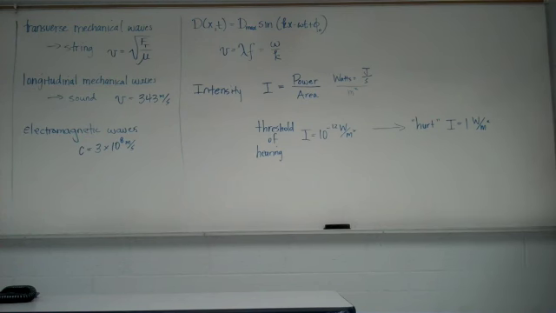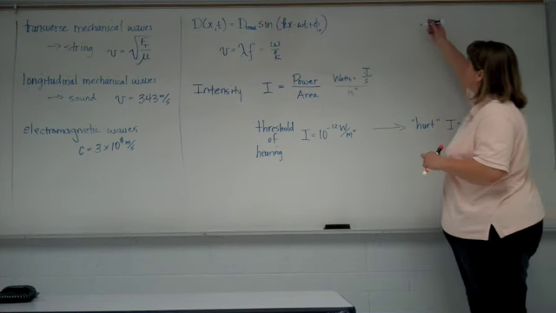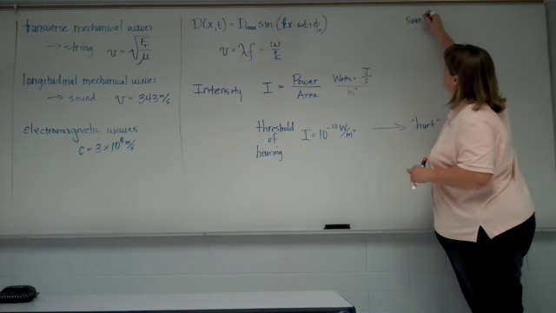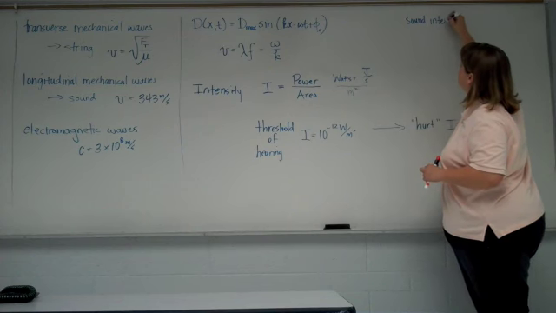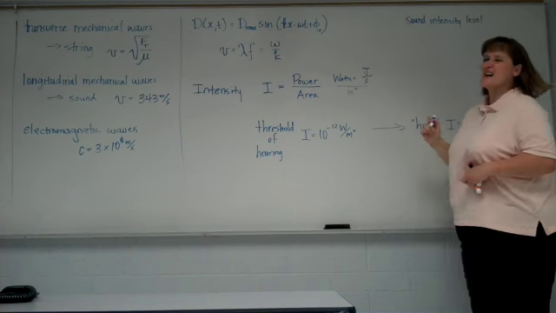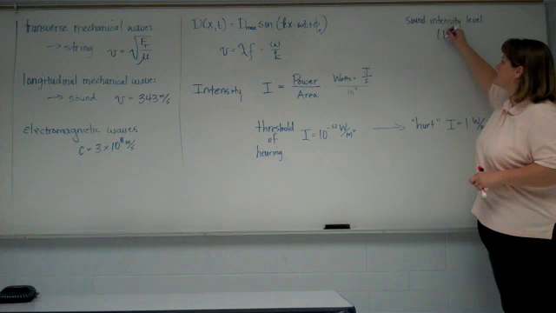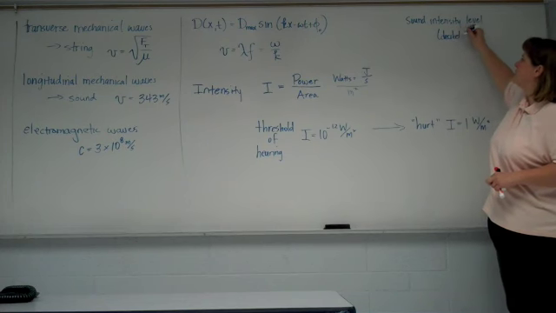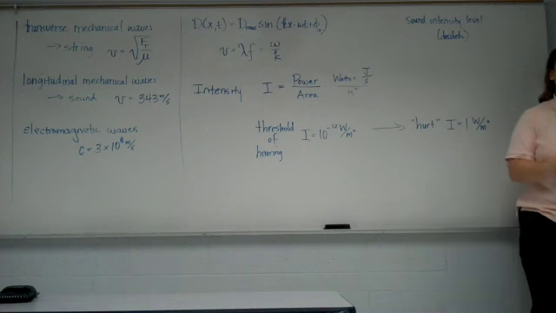And to make things a little bit easier, a new scale was invented. It's called the sound intensity level. Sometimes it's just called the sound level. This is your decibel. If you have a stereo, for example, the volume is always listed in decibels.